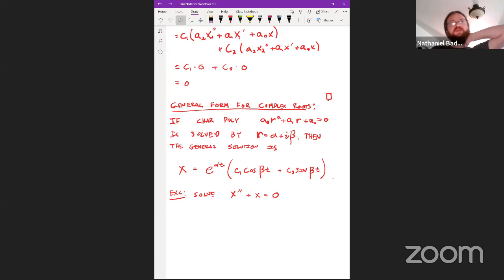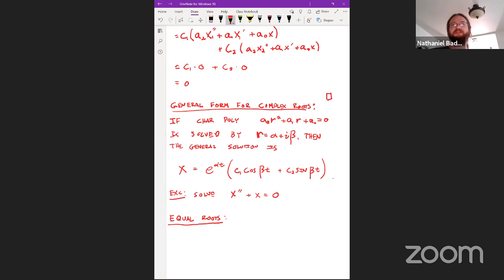Okay, so there is one case that is going to be worth mentioning, that I haven't actually said very much about. So what happens if we actually have equal roots?